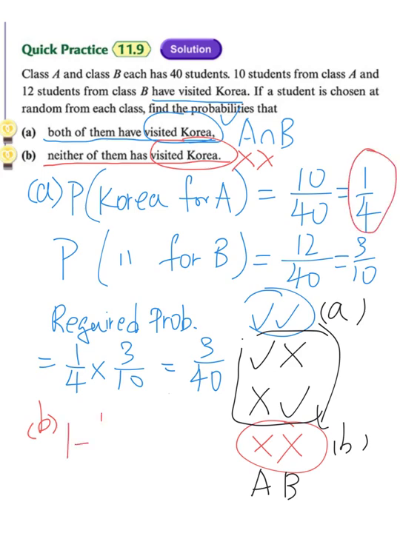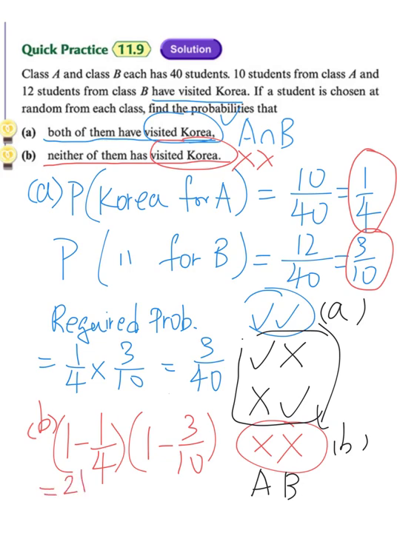So for A, first 1 minus 1/4, and for B not visiting Korea, we simply take 1 minus 3/10. That will be the probability for B not visiting Korea. So for this case, we find that this is equal to 21/40.